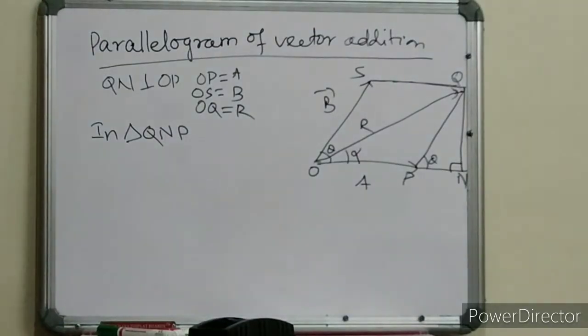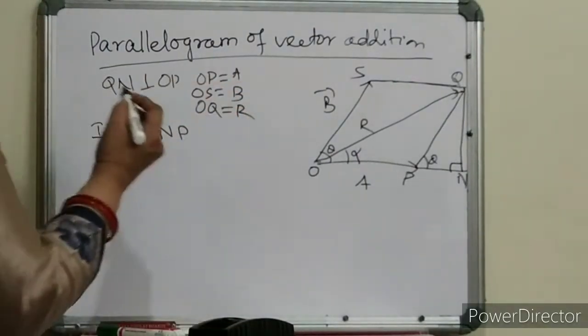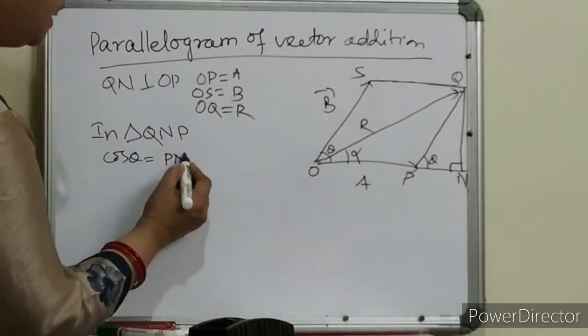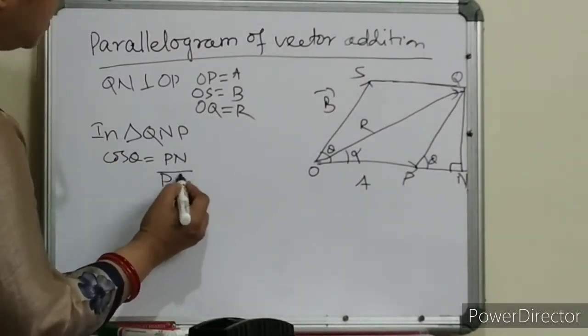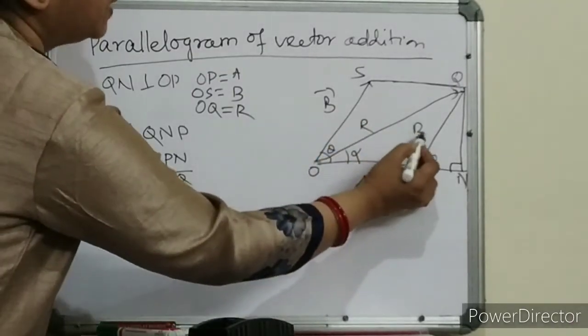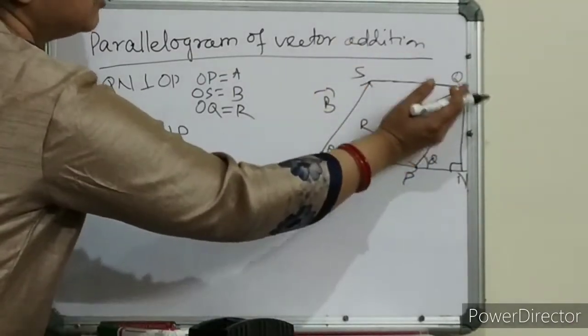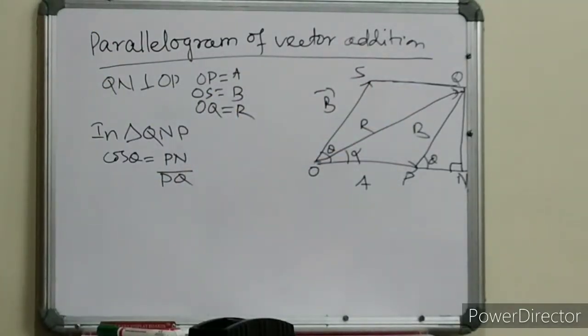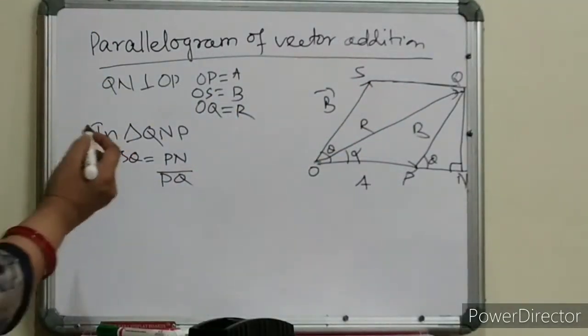What is cos theta? Cos theta will be PN by PQ. PQ is also B, as in a parallelogram. Parallelly we are shifting this vector, so it will be B. Clear children? So PQ is B.